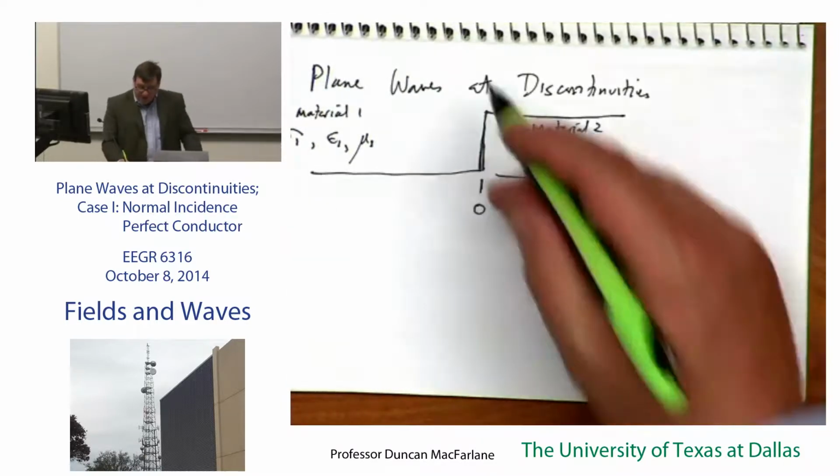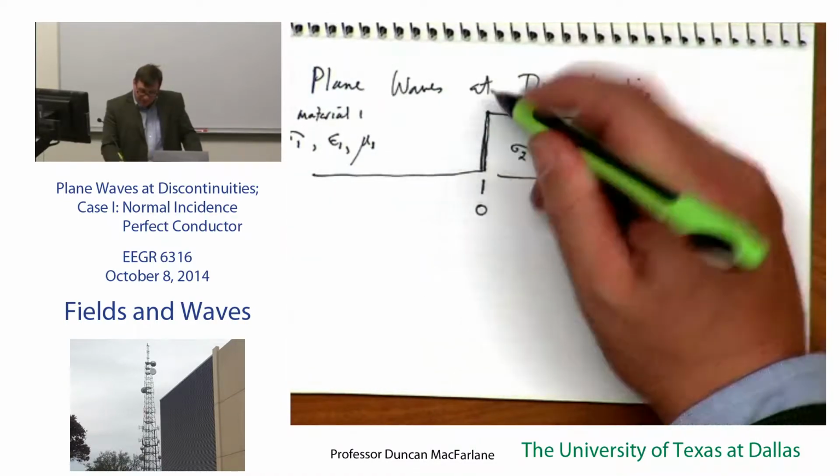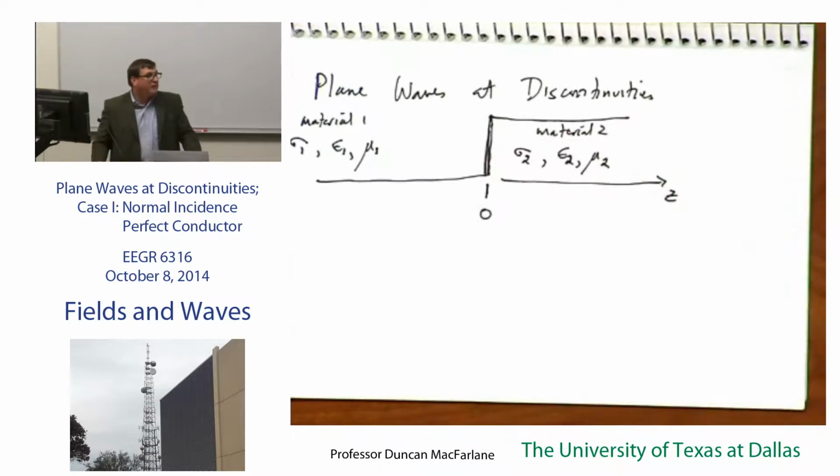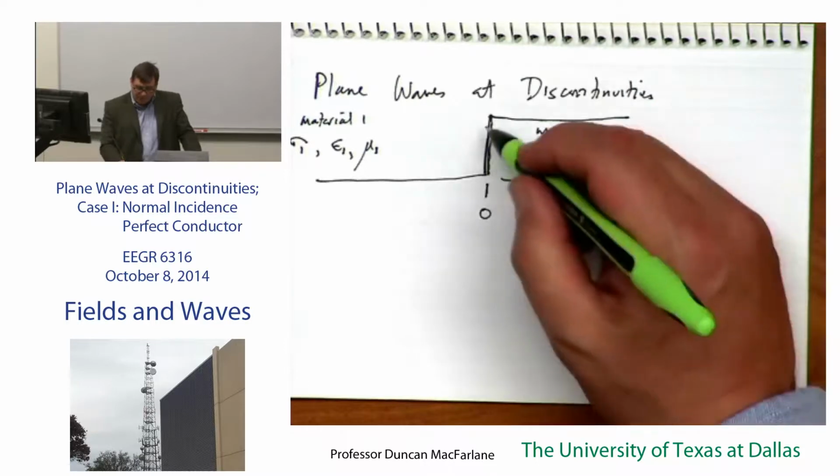So I want to ask a little bit about the step function behavior that we have right at z equals 0. How sharp a transition should that be in real life? In real life, do we ever have a step function? No, it's a mathematical idealization. So what about this ramp?